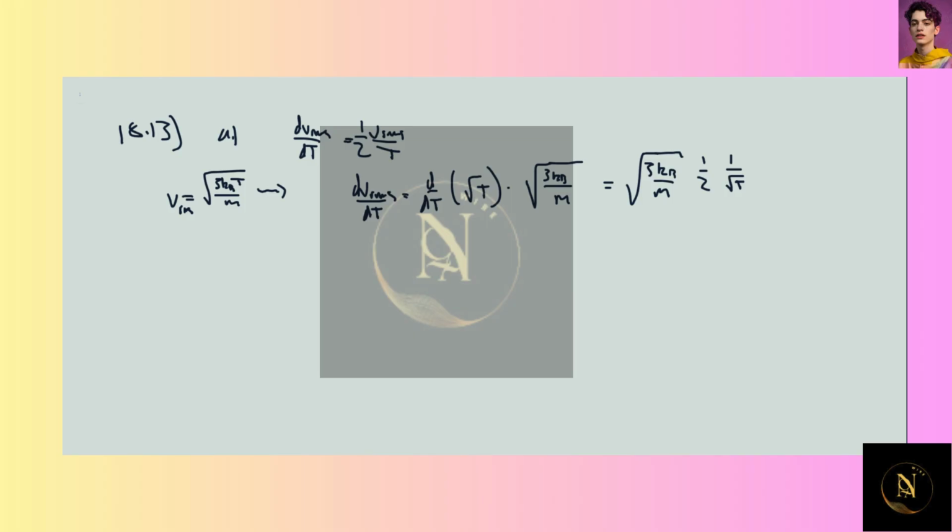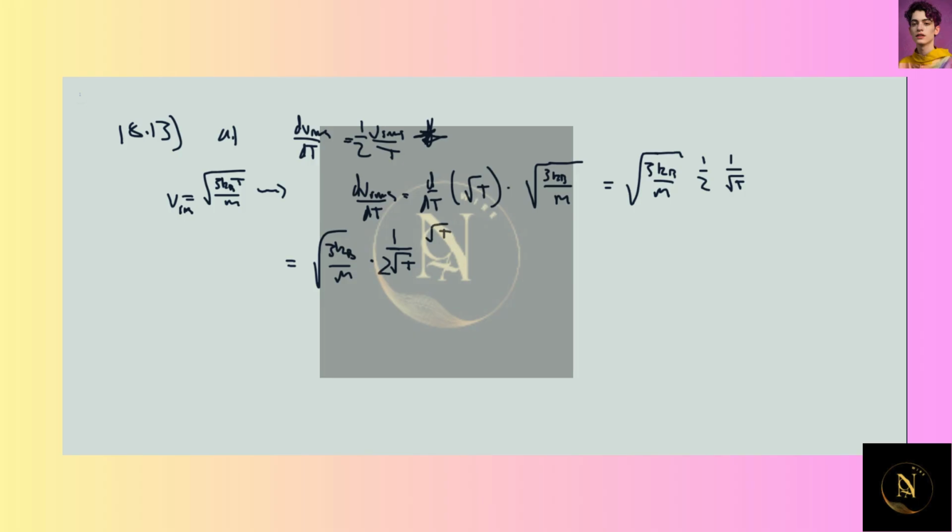So now we want to show it equals this right here. So how do we get that? First, we know that it needs to have VRMS in it, right? So how do we get a VRMS out of this? We can take 3 kB over m times 1 over 2 square root of T. So we need a square root of T in the top, right?